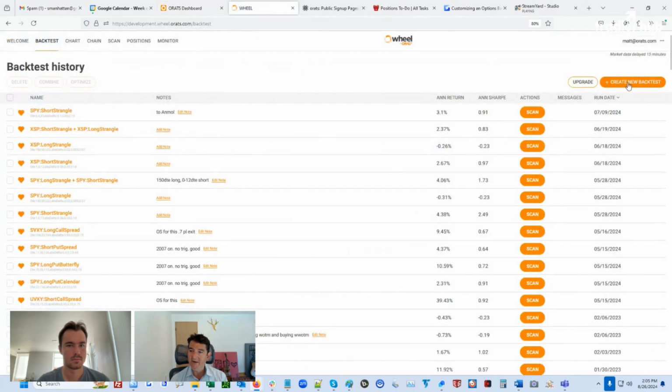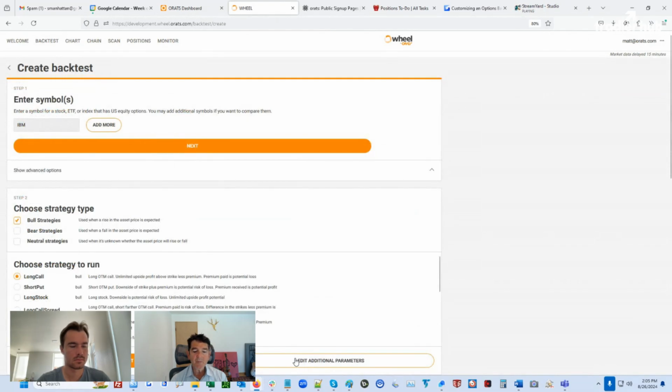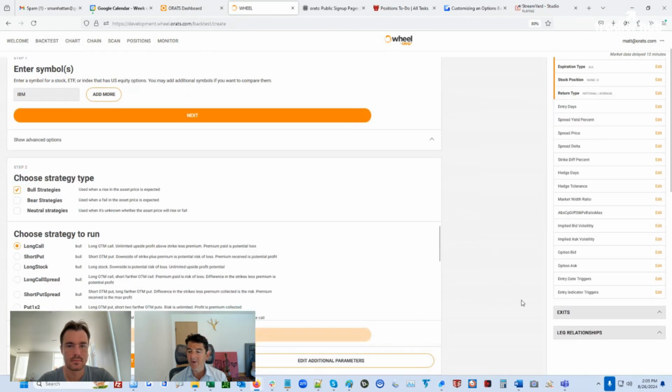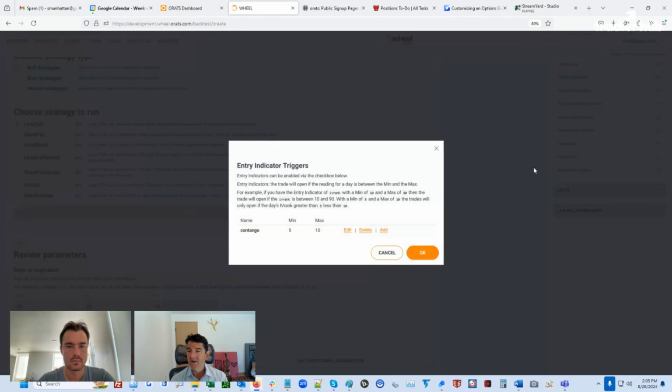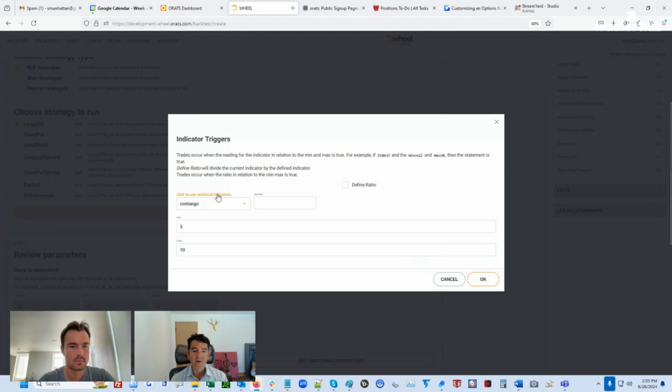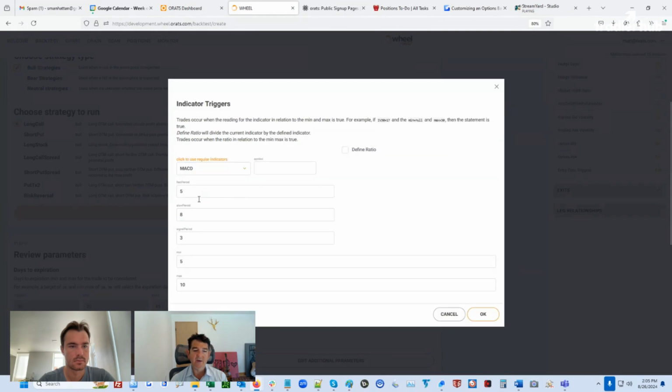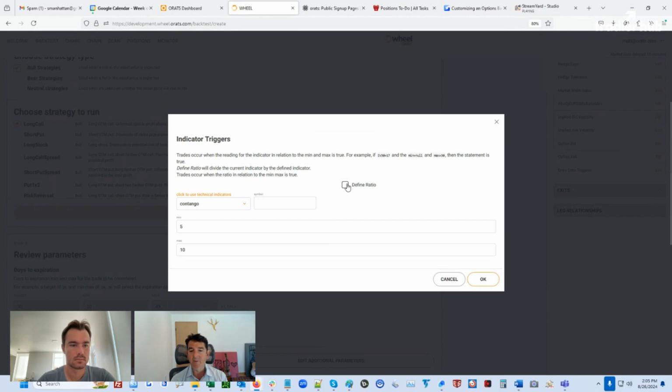And in the legacy backtester, you can then edit additional parameters, go to entry indicators, and then if you press edit, you could select technical indicators or click it again to use the regular indicators. You can make ratios out of it.